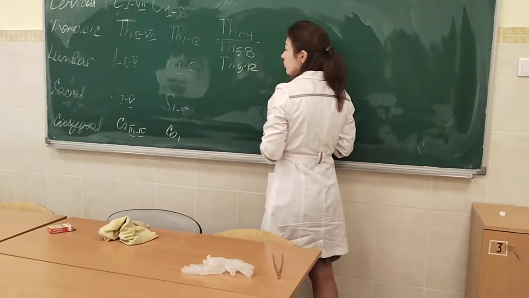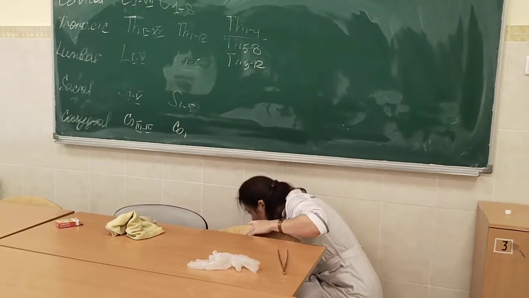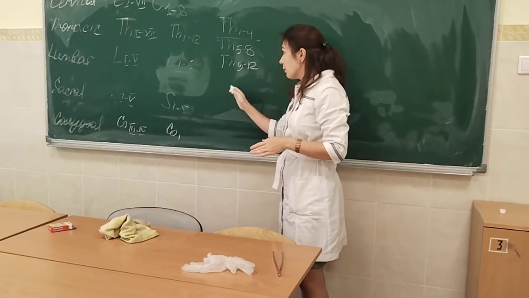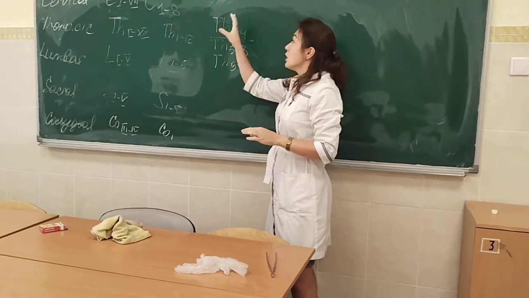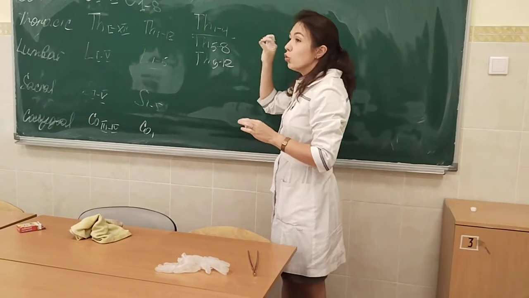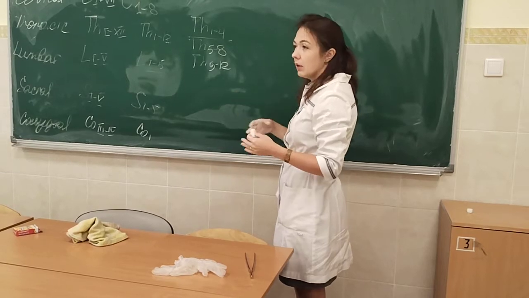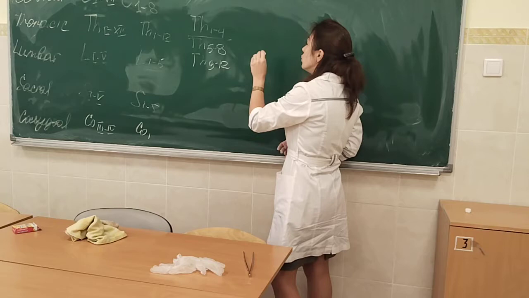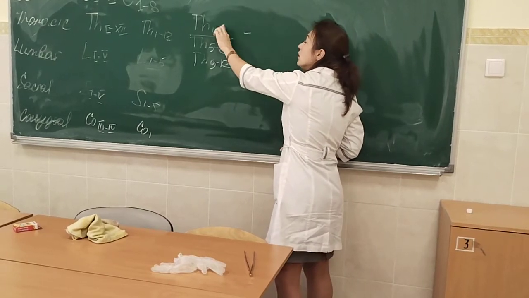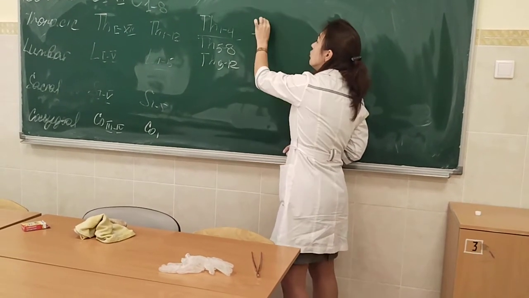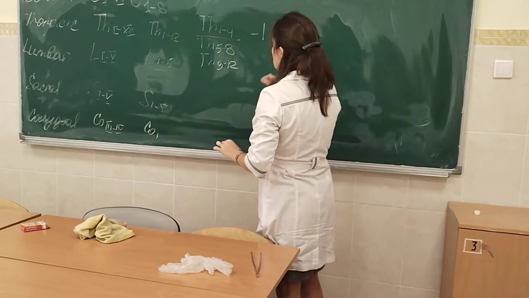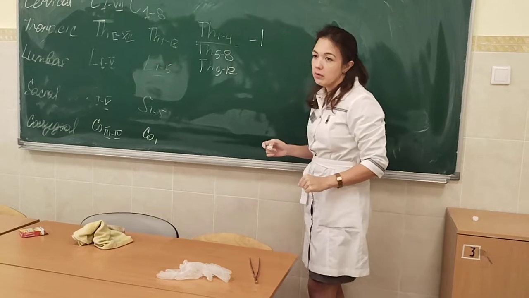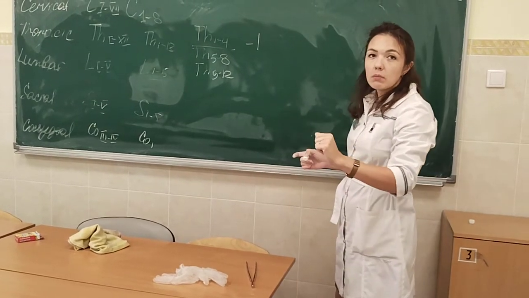Upper thoracic segments from the 1st to the 4th, middle thoracic segments from the 5th to the 8th, and lower thoracic segments from the 9th to the 12th. To identify the location of the upper thoracic segments, we should deduct 1 from the sequence number of the thoracic segment, and then we will get the sequence number of the vertebra at whose level this segment is located.